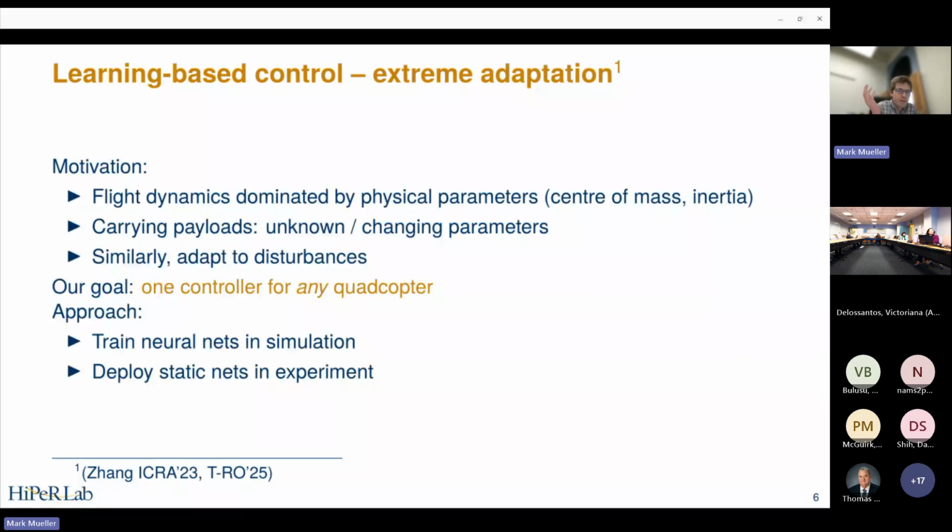These might be somewhat uncertain for your craft to begin with, but if you think about crafts that are carrying payloads, so maybe you're carrying passengers or you're carrying goods, you might not know these parameters for the payloads that you're carrying. So what we want to do is create a controller or a control approach that can fly the aircraft even with significant uncertainty in the parameters, in these physical things that control the system.